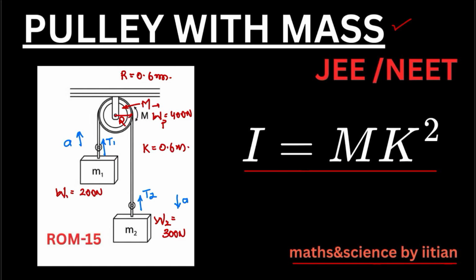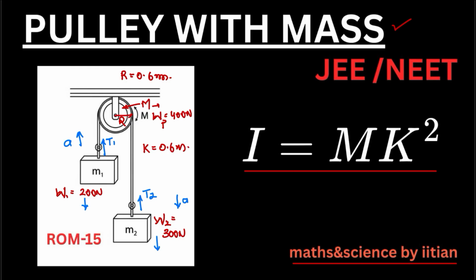This W2 is acting downwards, because weights are always acting towards the center of the earth, which I have explained very clearly. And regarding these tensions, I have explained in the first class of my lecture in physics, that is forces and vectors.